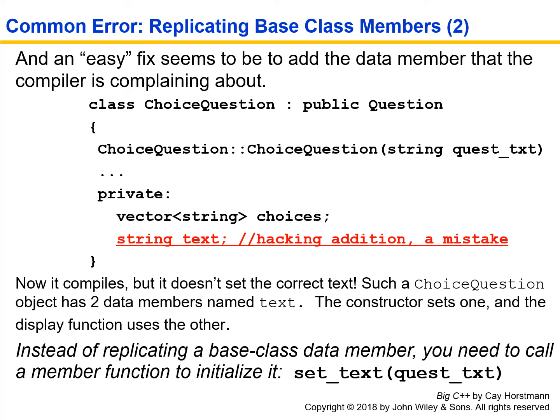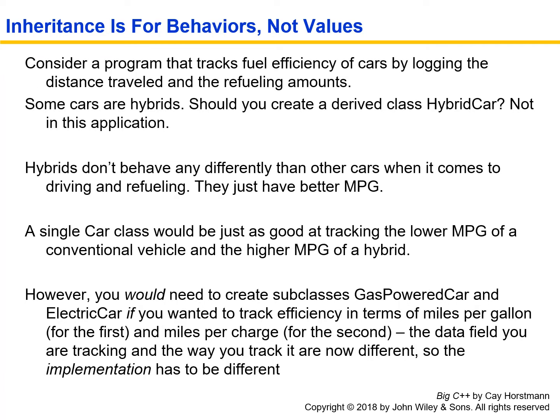The base class, when you call display, is going to try to display its own text, not the derived class text, and so you end up having two redundant variables, one of which doesn't get used at all. The better way is to call the inherited setAnswer function and pass that along.